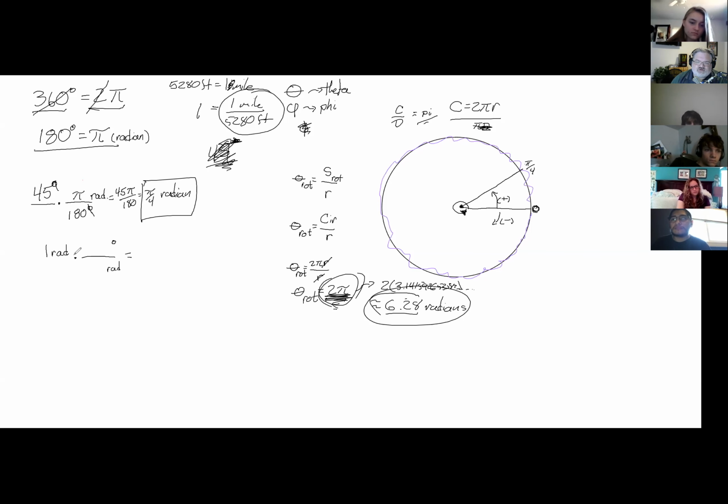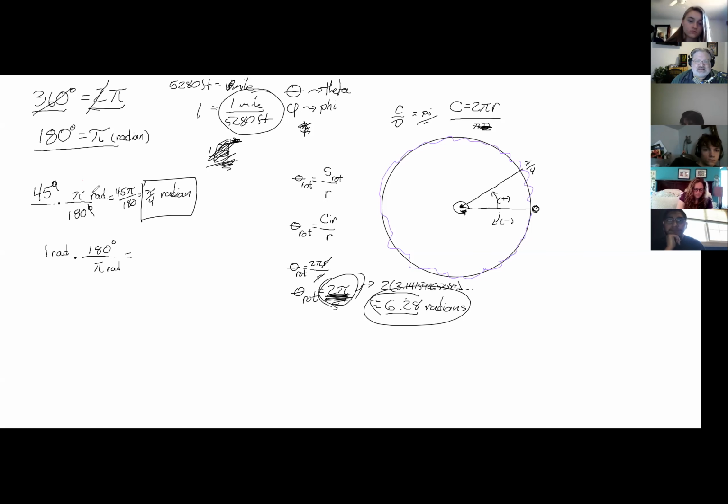A lot of people try to do this by kind of memorizing. We go, pi over 180 when we go from degrees to radians, and we do 180 over pi when we're going from radians to degrees. I don't like the idea of memorizing which ratio to use when. It's easier to use the dimensional analysis.